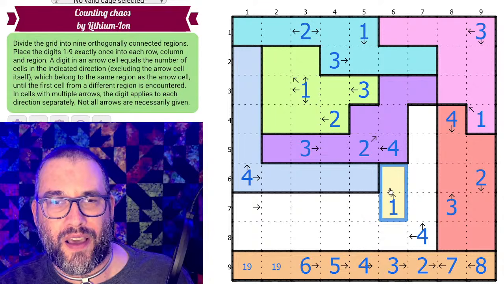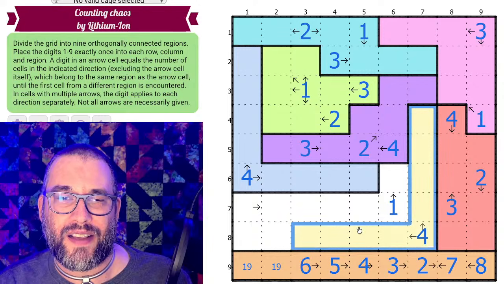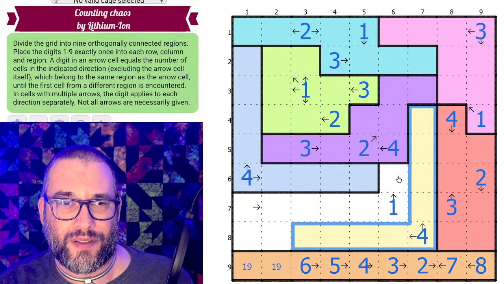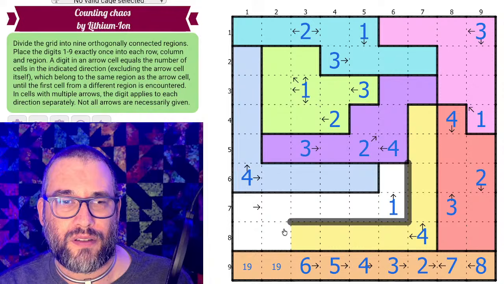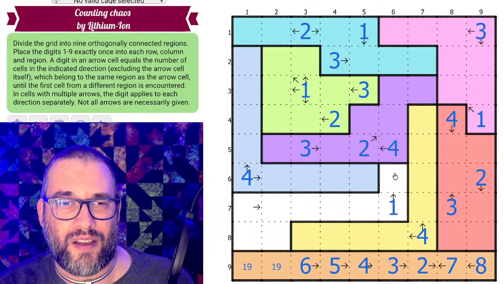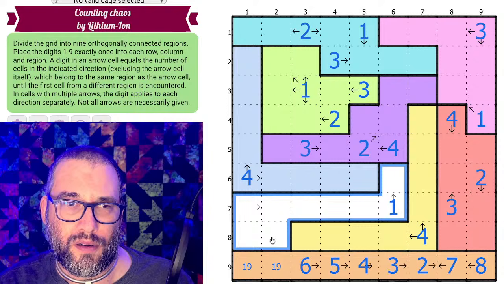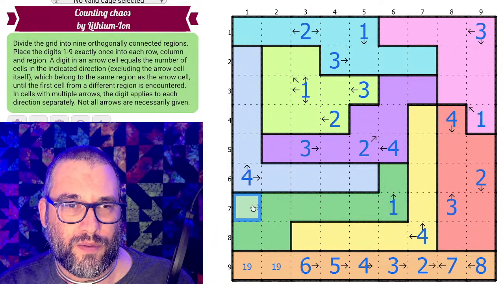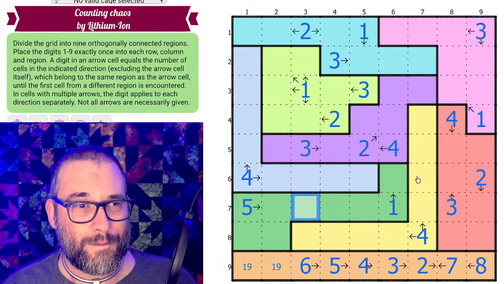I'm going to uncolor this and color. Oh, actually, no, it's better than that, because this is just a region by itself. And so this is just a region. That's a 5, and puzzle done.